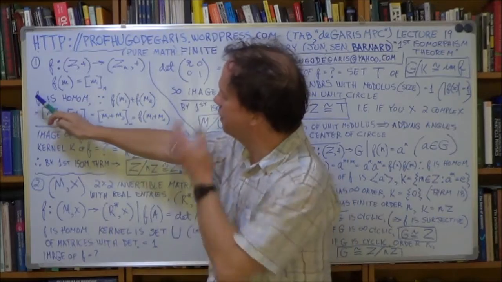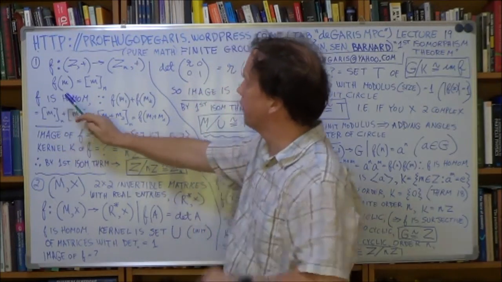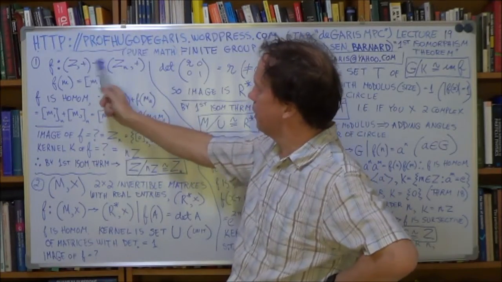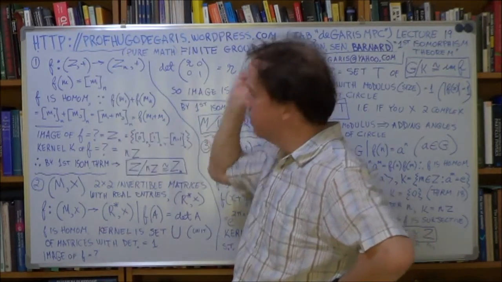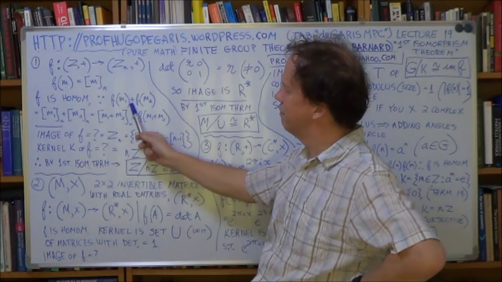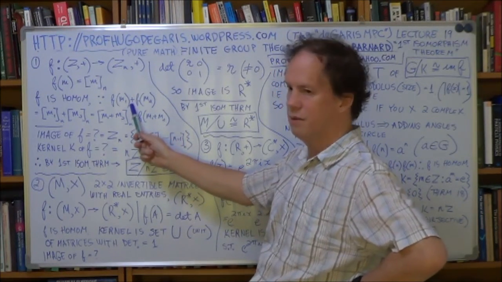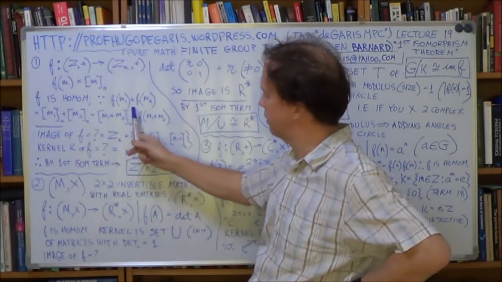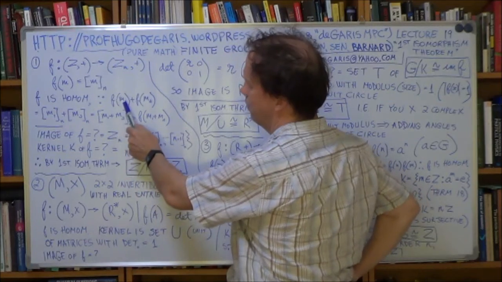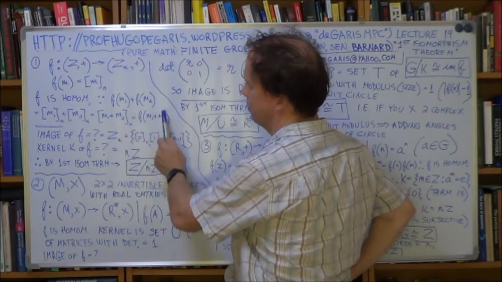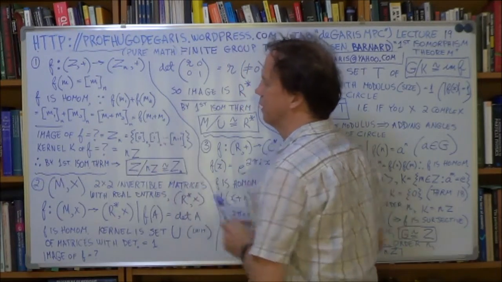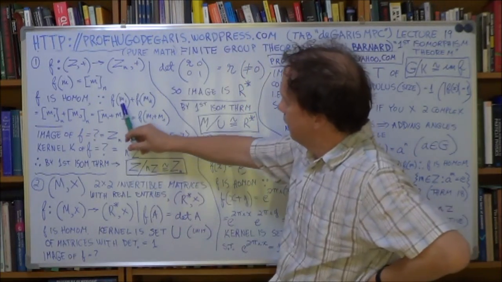How to show that f is homomorphic? The binary operator here is plus in both cases, so it's just addition. We're trying to show that f(m1) plus f(m2) is the same as f(m1 plus m2).